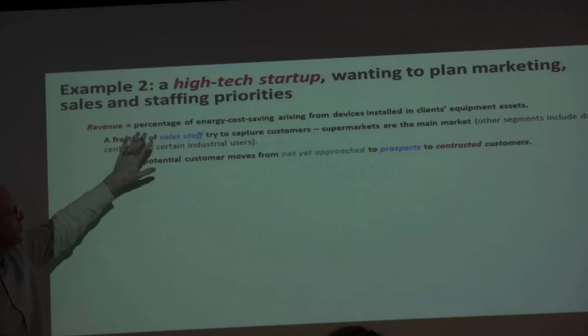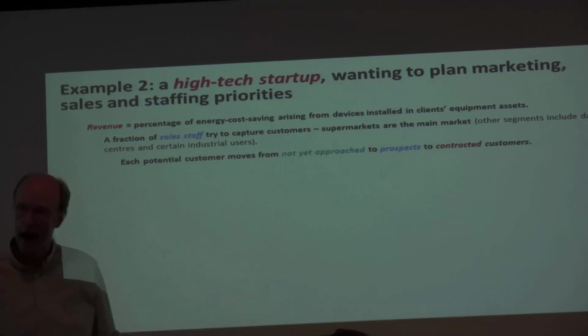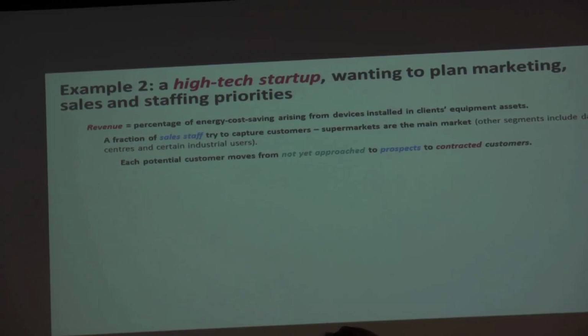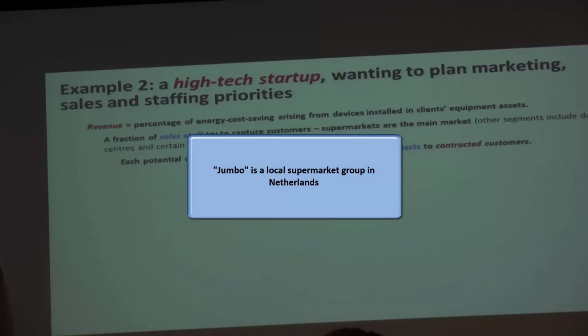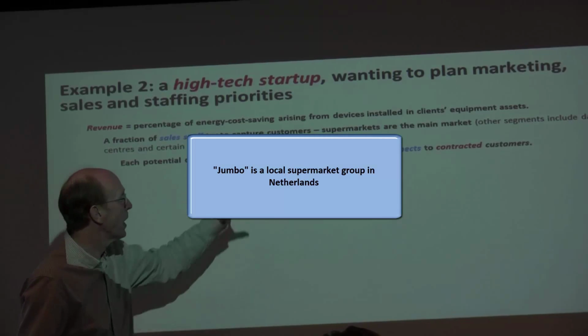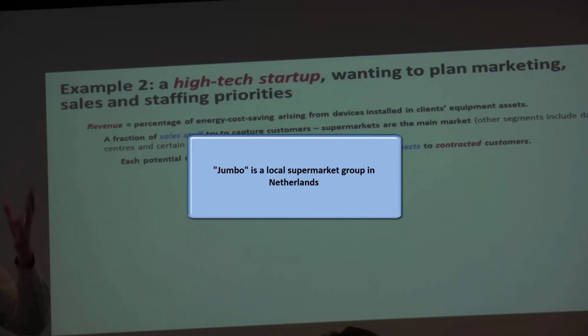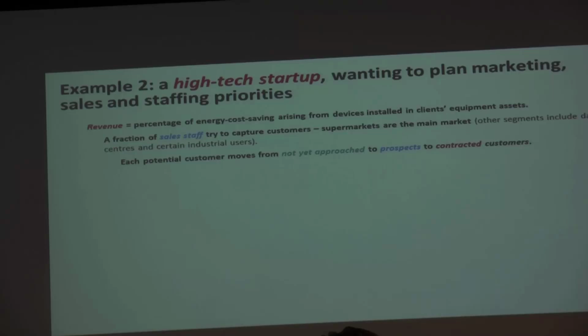This company has got sales staff who try and capture customers. So they go and see the jumbo supermarket chain and they say, we've got this great thing, it will save you on your energy bills. Would you fit it to all your fridges? That's the main market, but there are other segments, things like data centers. There are some industrial processes that have very heavy power demands that you can fit this to.